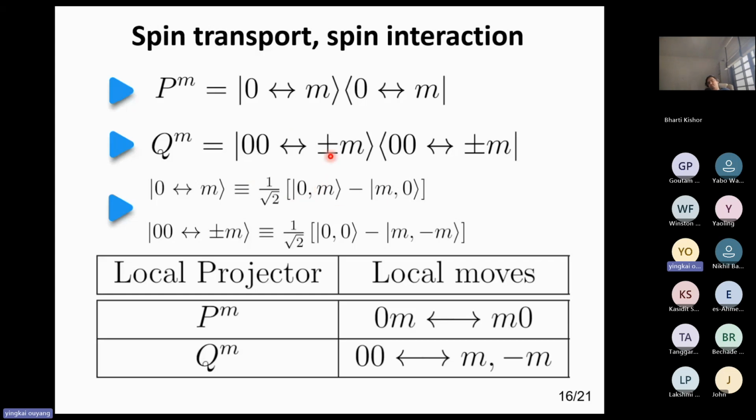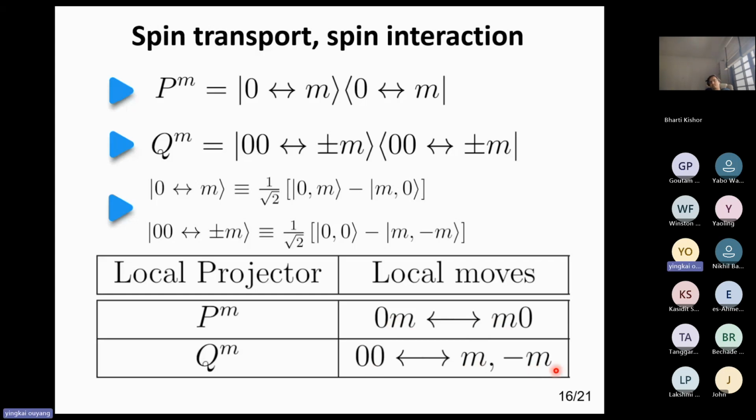What the symbol is trying to tell you is that the 0 hops to the m, and 0, 0 can split into plus-minus m, like an m on the left and a minus m on the right. So these local projectors correspond to local moves: a 0m can go to an m0, and 0, 0 to this m, minus m.